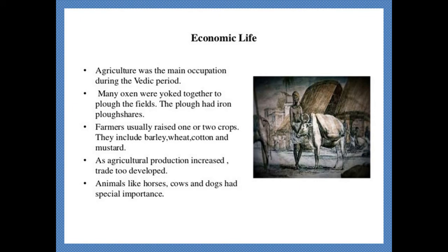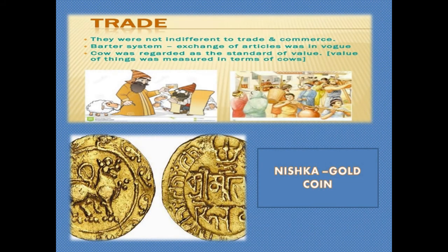On a large scale, it was used in the later Vedic period. Trade was also carried on in the early Vedic period as well as the later Vedic period. Some of the important animals domesticated by them were horses, cows and dogs.